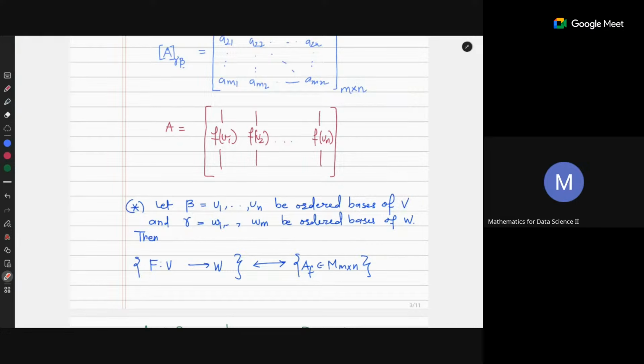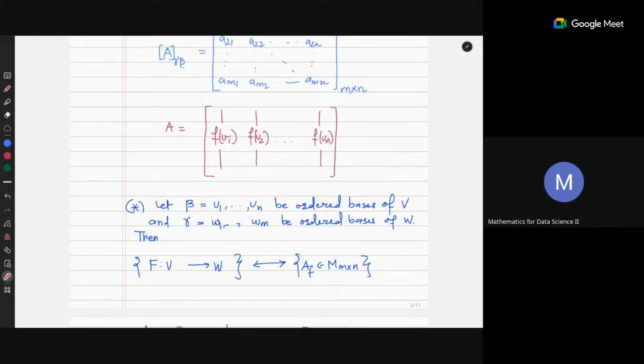If you change the ordered basis, then your matrix will change. So there will be a problem. What will be the problem? The entries will be different.